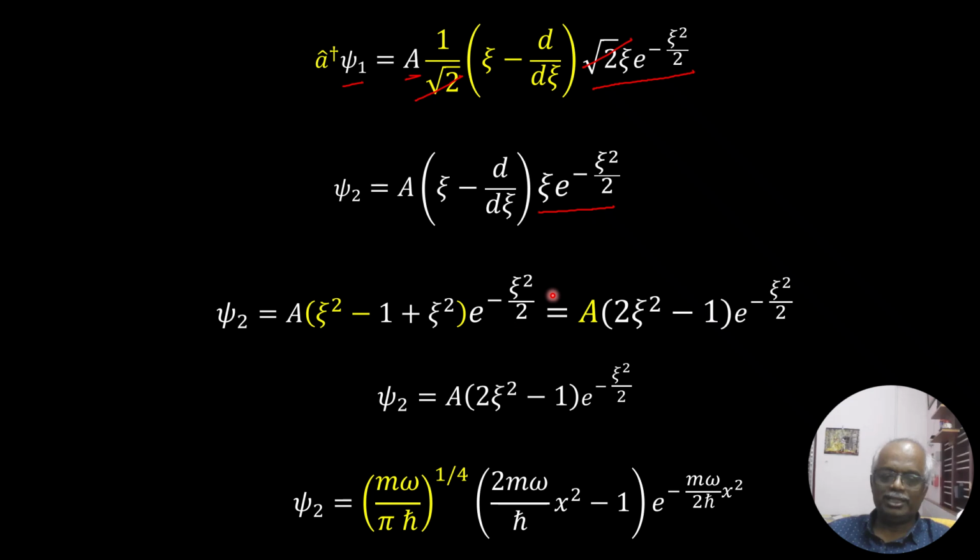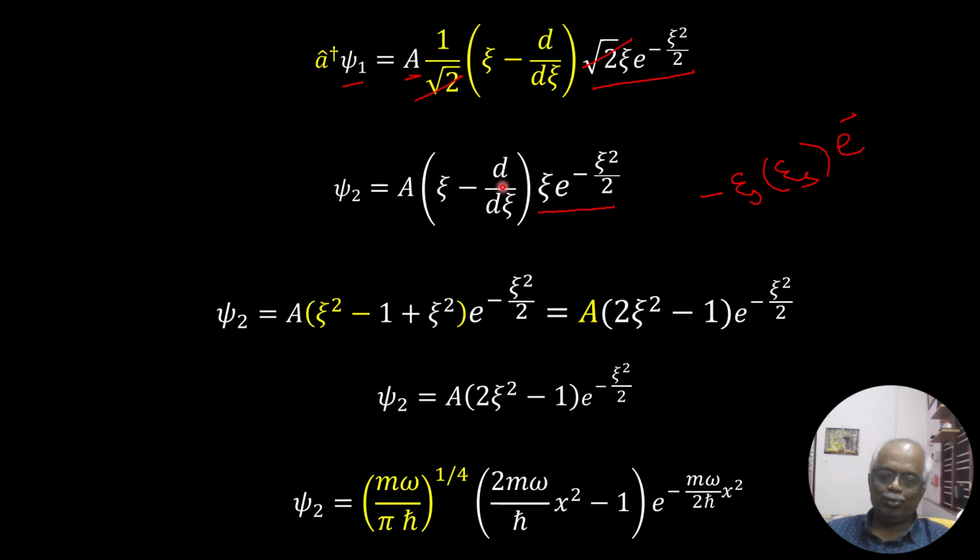And the exponential term, as usual, we have taken out. Then you keep z as it is and differentiate this exponential term. If you differentiate this exponential term, already z is there, you will get minus z and this exponential term. So z into z, you will get z squared.